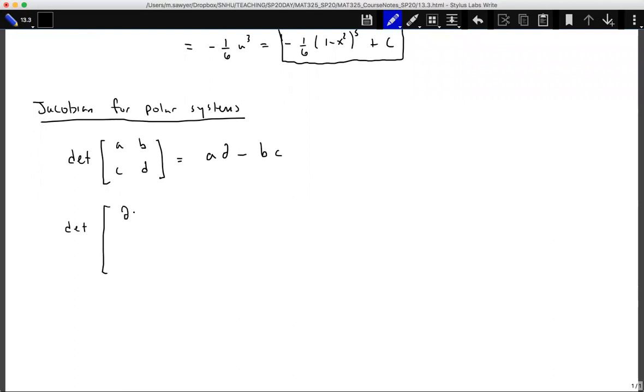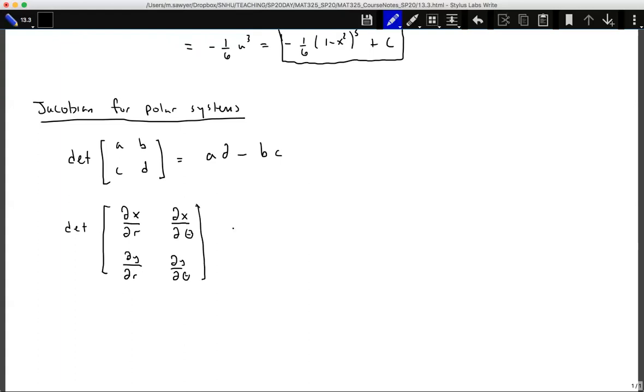So for polar systems, we're looking at the determinant of the partial derivative of one variable with respect to the other variable. And so we look at a particular pattern of partial derivatives: partial x over partial r, partial x over partial theta, partial y over partial r, partial y over partial theta.